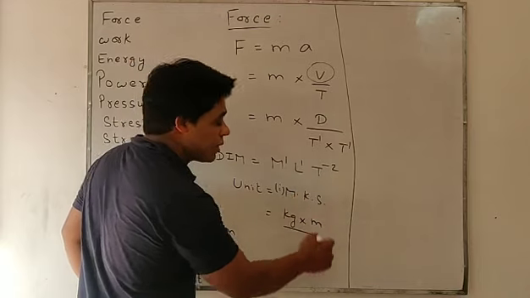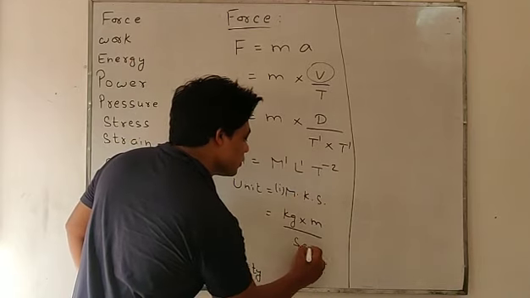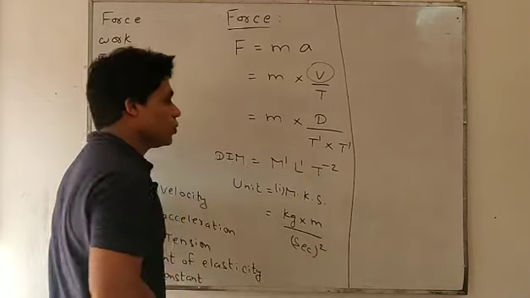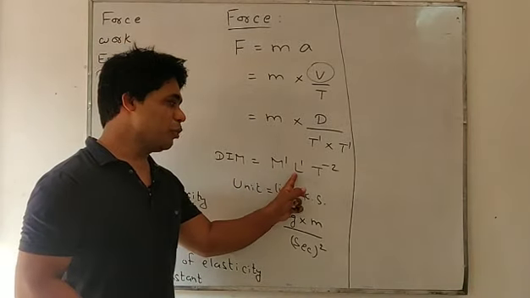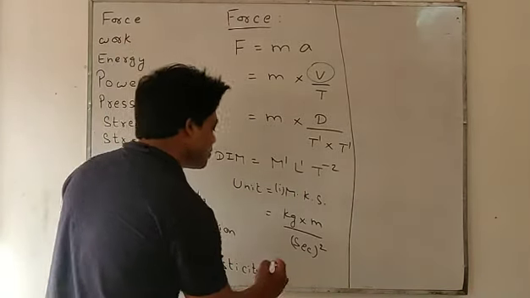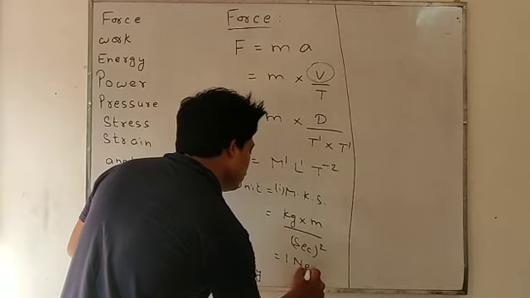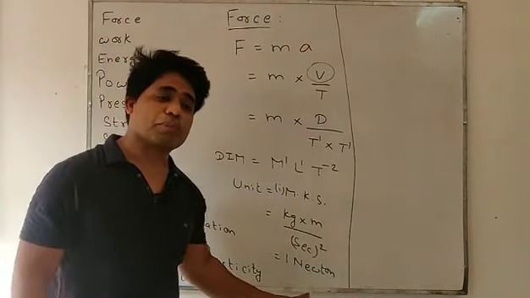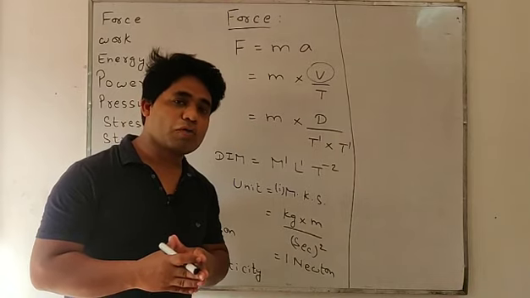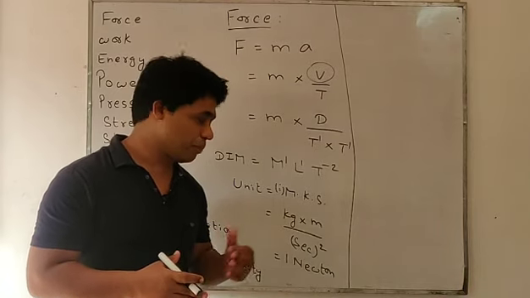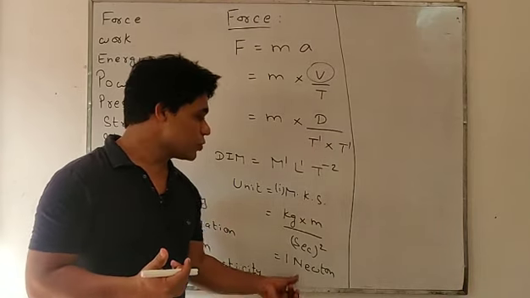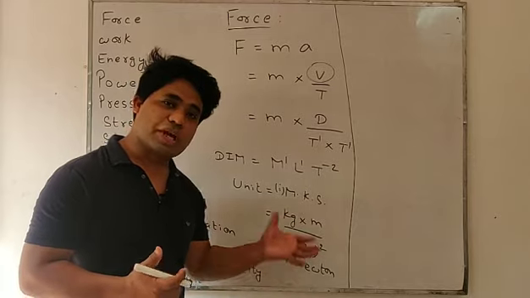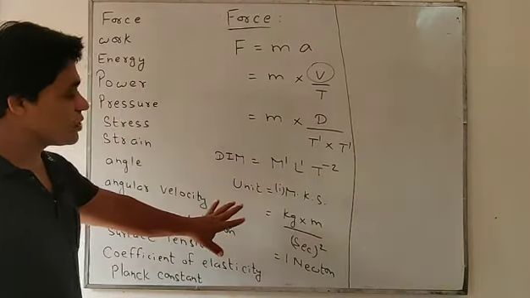Second minus 2 we can write as second square. So kilogram into meter upon second square equals 1 Newton. It is named after the scientist, written as Newton. So the unit of force in the MKS system is Newton, and 1 Newton consists of kilogram into meter upon second square.